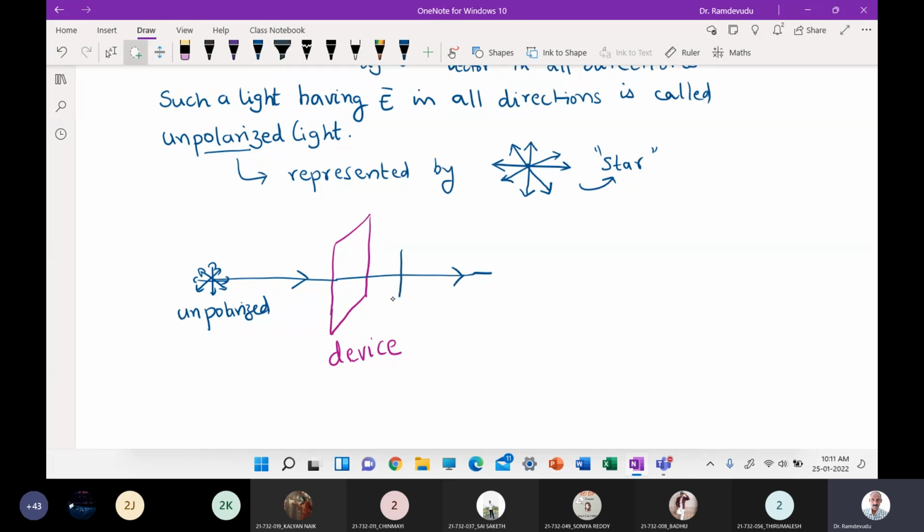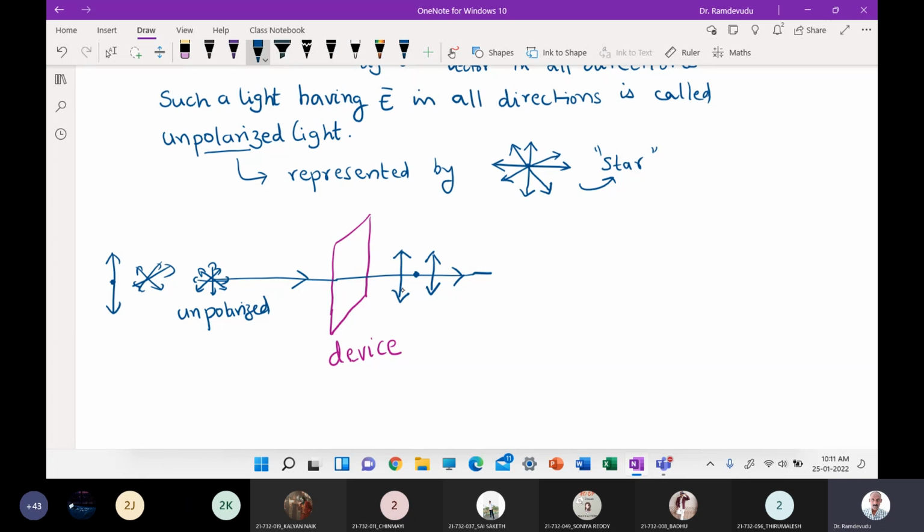Either it will have a vector like this or a vector perpendicular to it. Some of the vectors in this direction are allowed, or maybe a perpendicular one, and other directions, or maybe those having some angle, are removed by the device.